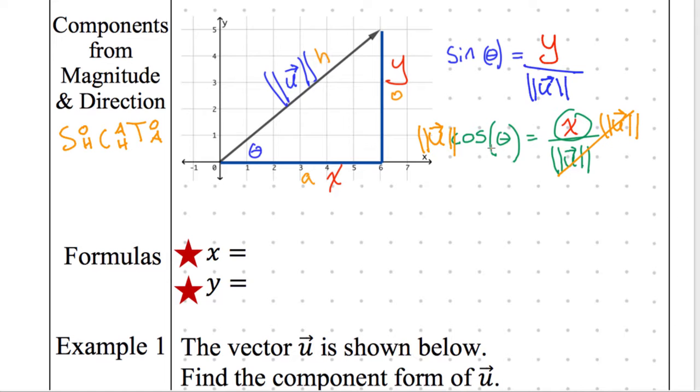So x is equal to cosine theta times the magnitude of u. Let's write that down. X is equal to the magnitude of u, or whatever vector you're looking for, and I multiply that with cosine of theta.